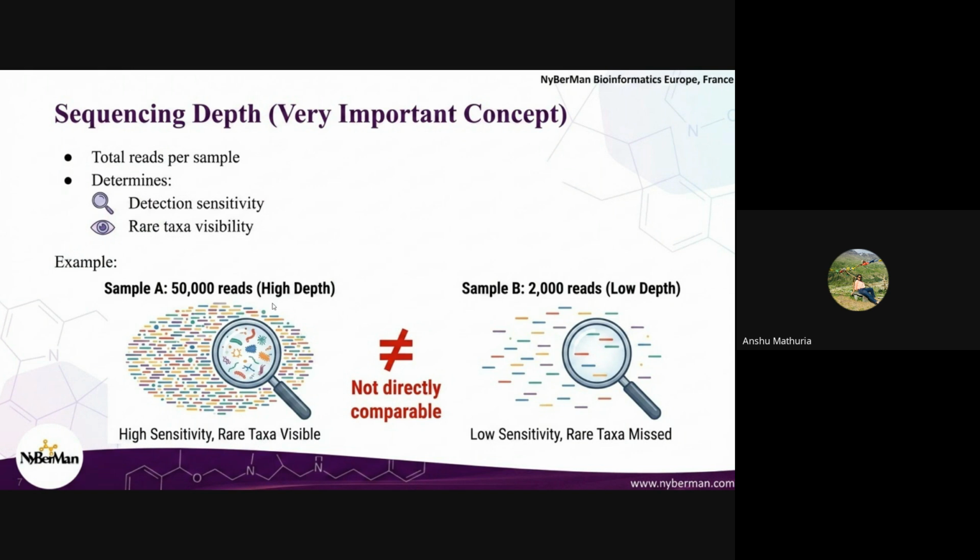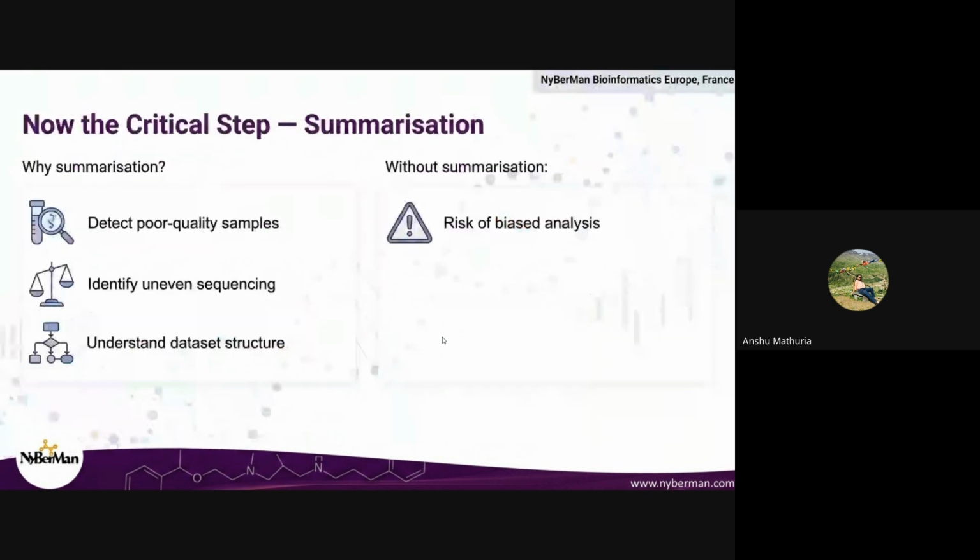Obviously, there's a chance of this getting more analyzed as compared to this, because this has a higher number of reads, and it can mask the lower sequence depth samples. So to prevent all this, we summarize the feature table, and that reduces the possibility of our doing a biased analysis.